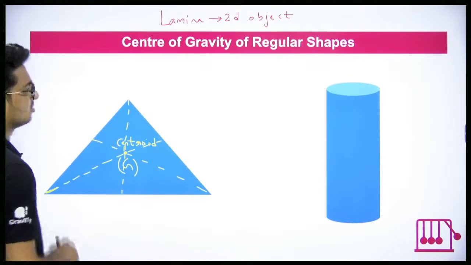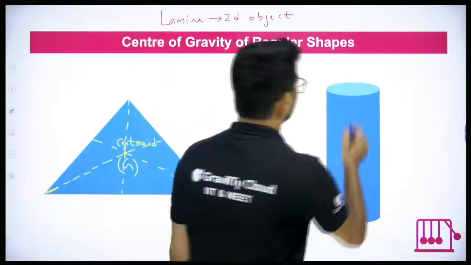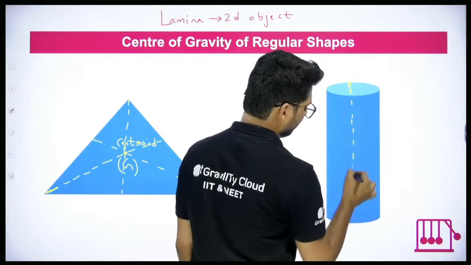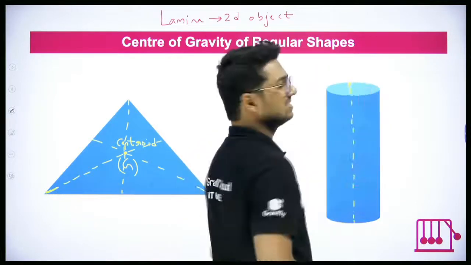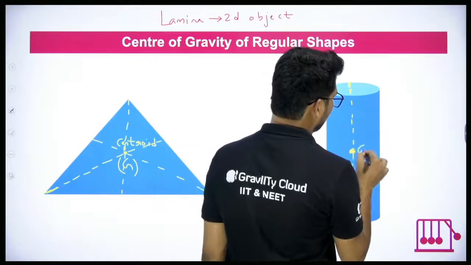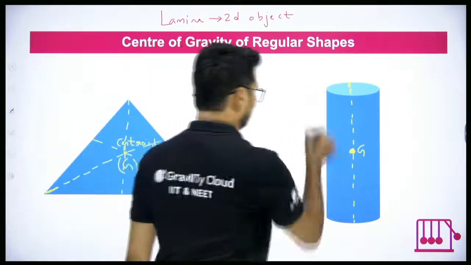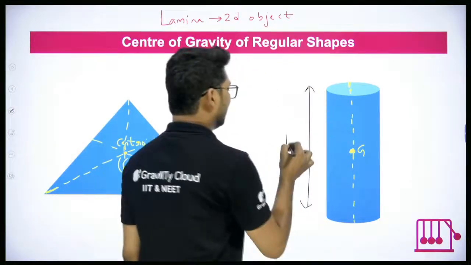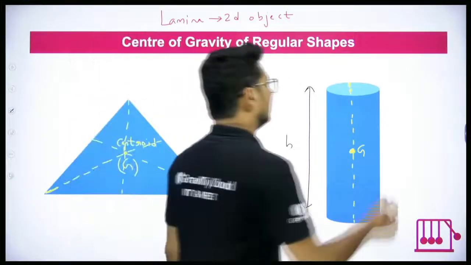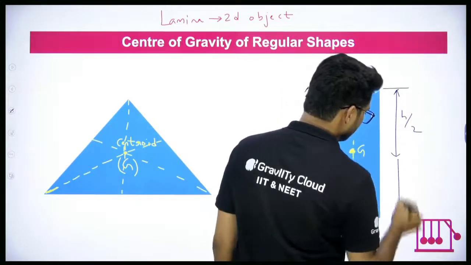Good. Then again we also have a cylinder. You can take a hollow cylinder or a solid cylinder, it doesn't matter. From the center, there will be a line, yes or no? This we call the axis of the cylinder. And on the axis of the cylinder, exactly at the center, capital G. That is, if the complete height or length of the cylinder is h, then from the top or from the bottom, it is exactly at a height of h by 2.